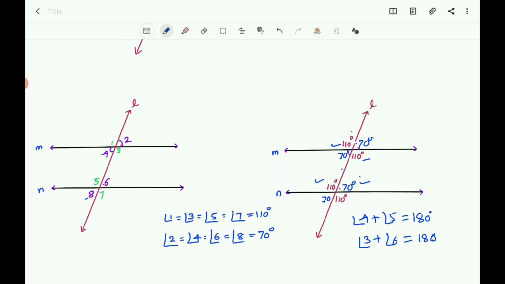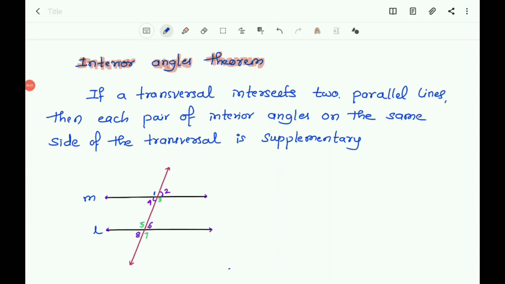It is nothing but the interior angles theorem. What is the statement of the interior angles theorem? If a transversal intersects two parallel lines, then each pair of interior angles on the same side of the transversal is supplementary. Means their sum is 180 degrees.